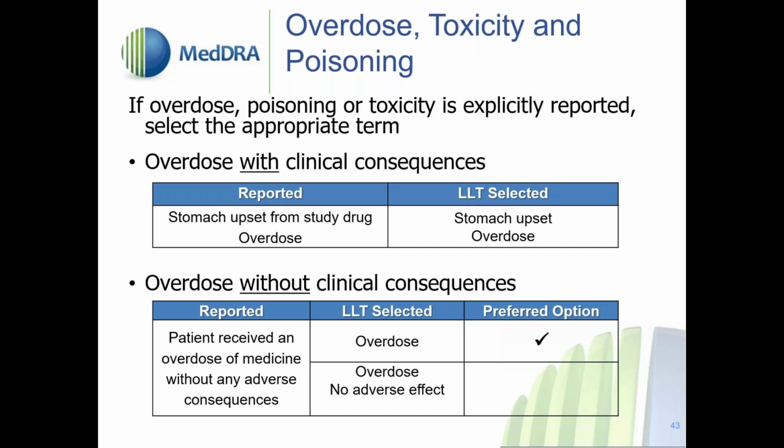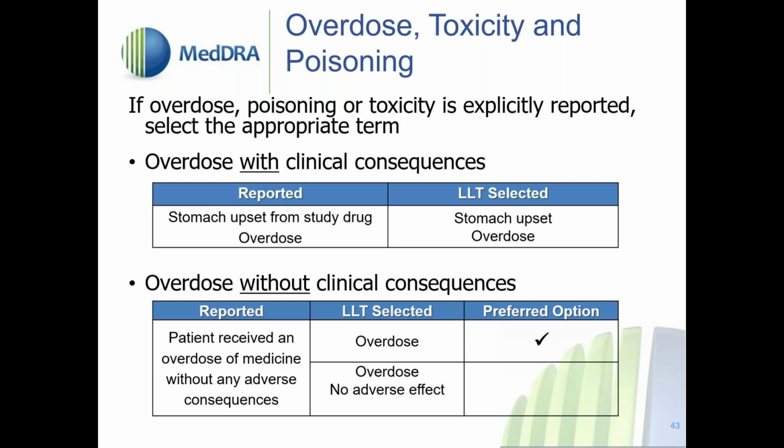So stomach upset from a study drug overdose, you capture the stomach upset and you capture the overdose. There are qualified LLTs in MedDRA for overdose, but this particular report is not telling us whether this was an accidental overdose or an intentional overdose, and there's not enough context in here for me to say, oh, this was accidental.